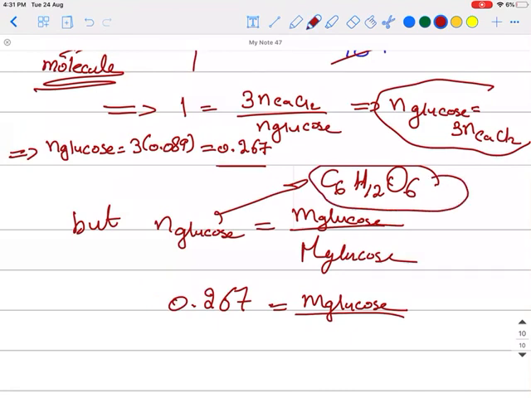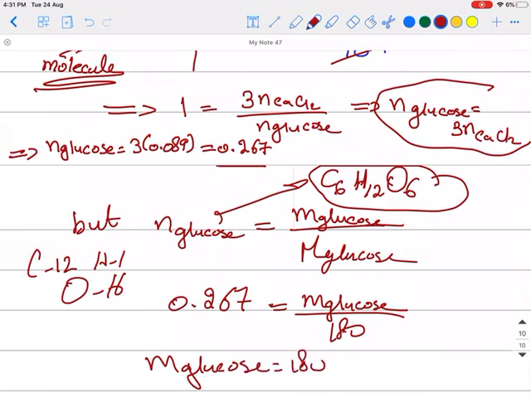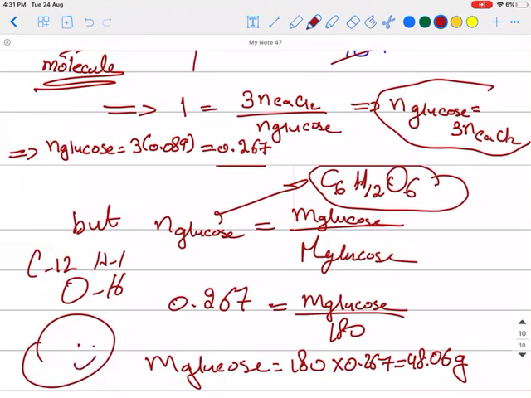If you find the molar mass by adding the atomic masses, knowing that carbon is 12, hydrogen 1, oxygen 16, you will find it is 180. So the mass of glucose is 180 times 0.267, which is 48.06 grams. Okay.